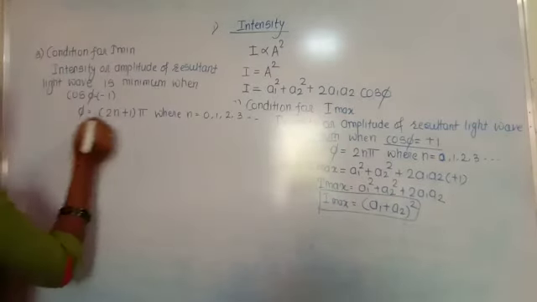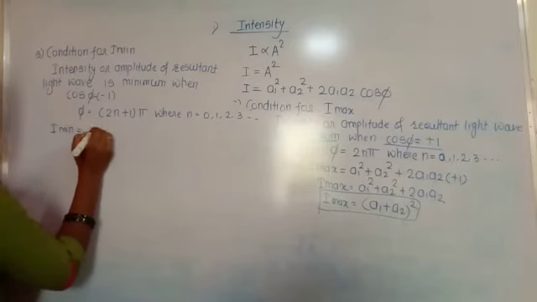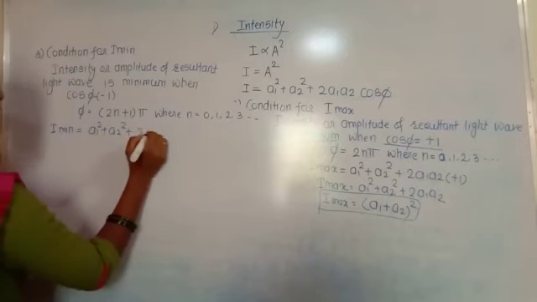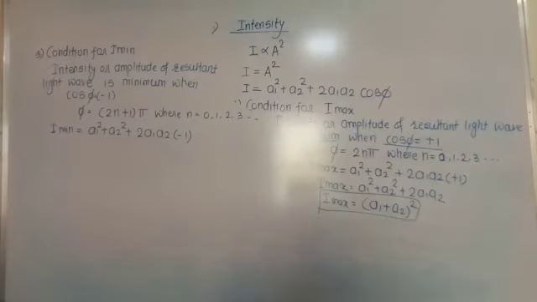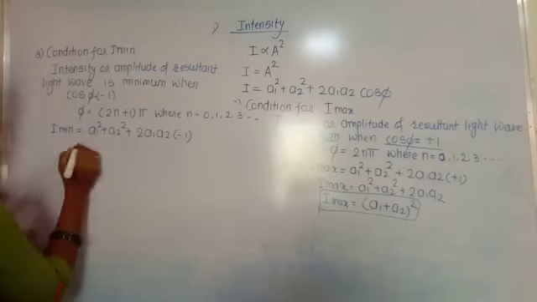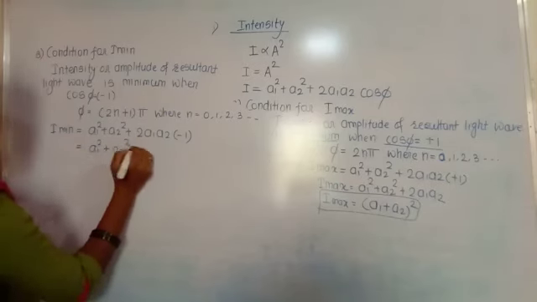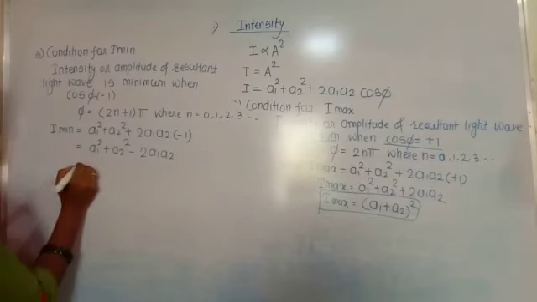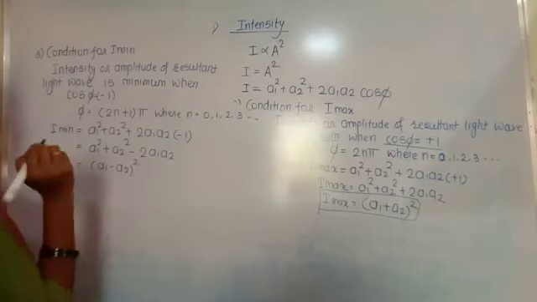So putting the value, we get Imin is equal to a1 square plus a2 square plus twice a1 a2 and minus 1. Here the sign is minus, that means a1 square plus a2 square minus twice a1 a2, and this is the whole square of a1 minus a2.